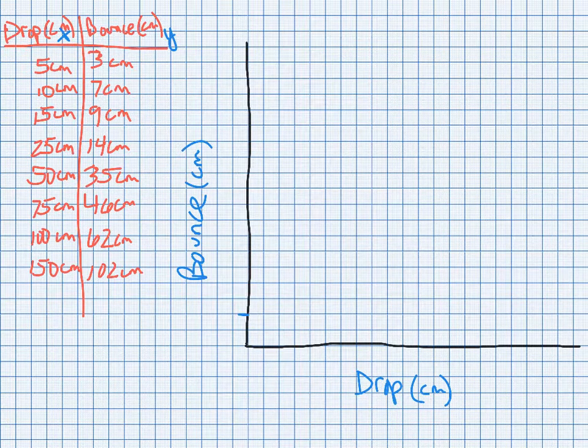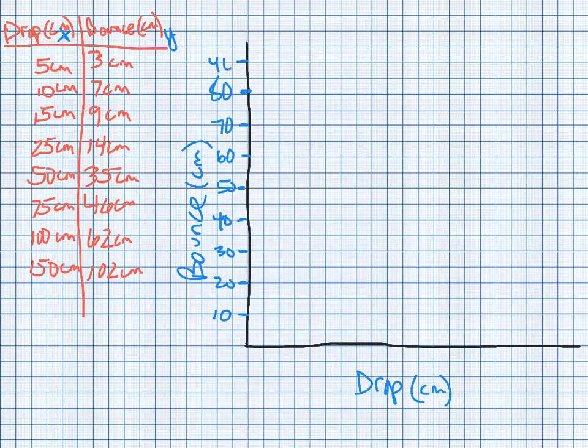I'm going to go by 5s, but I'm only going to write the 10s down. So 5, 10, 15, and then 20 here. 25, and then 30. 35, and then 40. 45, and then 50. And then 55 and 60. 65 and 70. 75 and 80, 85 and 90.